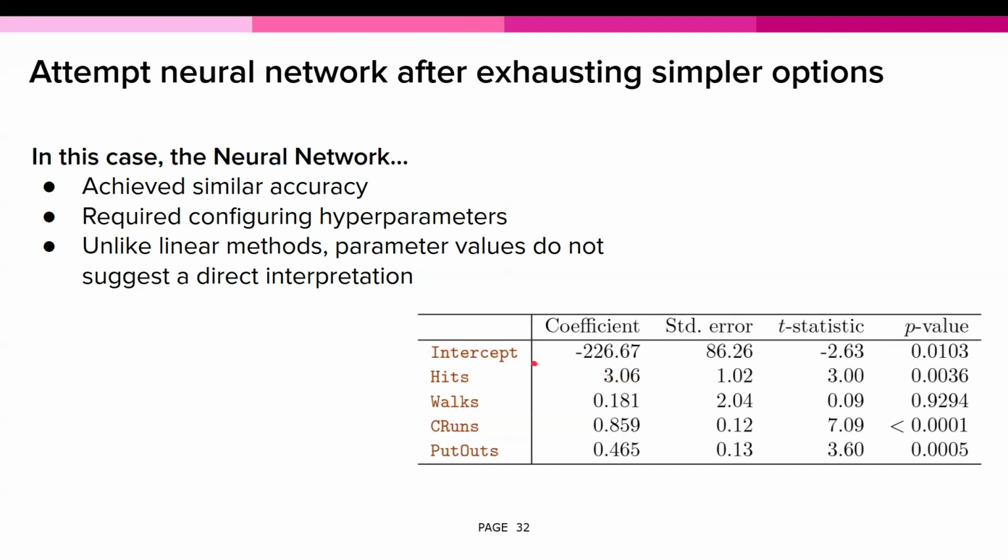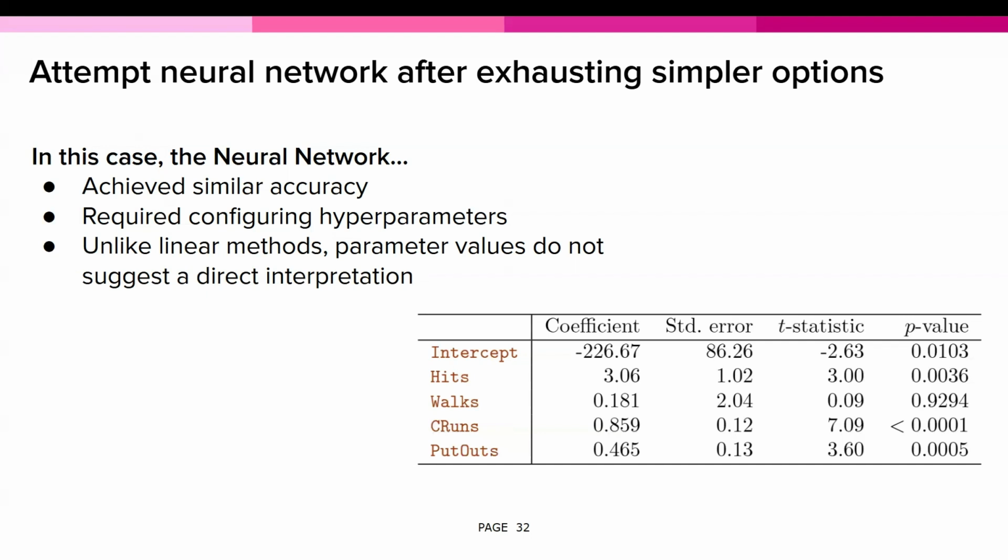So in that case, the number of hits had a high coefficient, followed closely by the runs parameter. And so these linear models also provide some interpretability, whereas the neural network is really a black box, and it's not immediately clear what the parameters mean in terms of the relative importance of the variables in the data set.